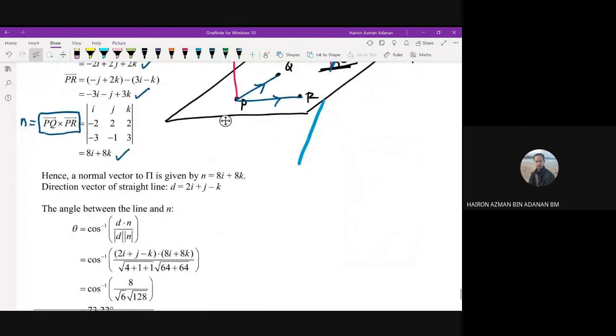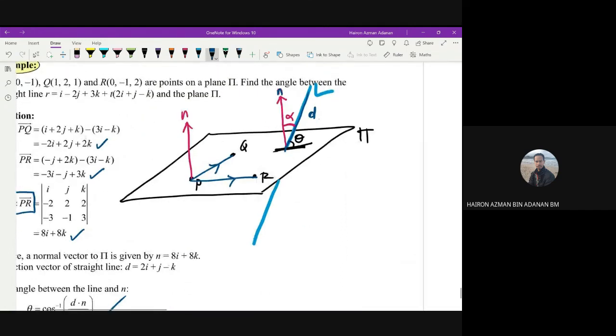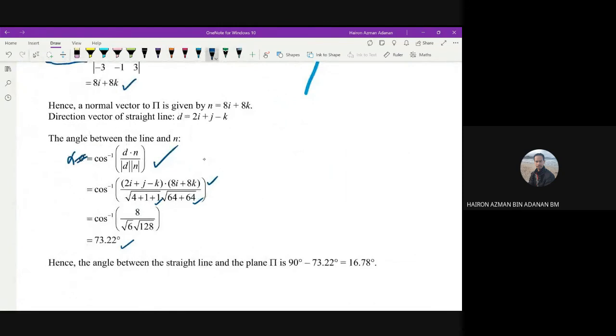Okay, so I masukkan saja dalam formula ni. Normal dengan D. So as usual lah, you just dotkan saja. You cari magnitude bagi D, you cari magnitude bagi normal. Okay, dan you kira you akan dapat 73.22. Tapi sudut ni sudut yang mana? Sudut alfa tu. Tapi kita nak cari theta.